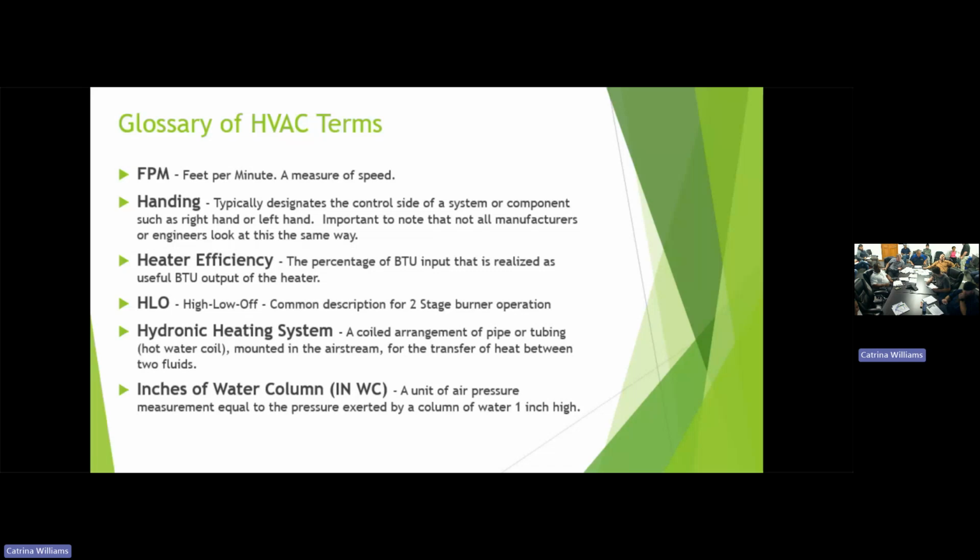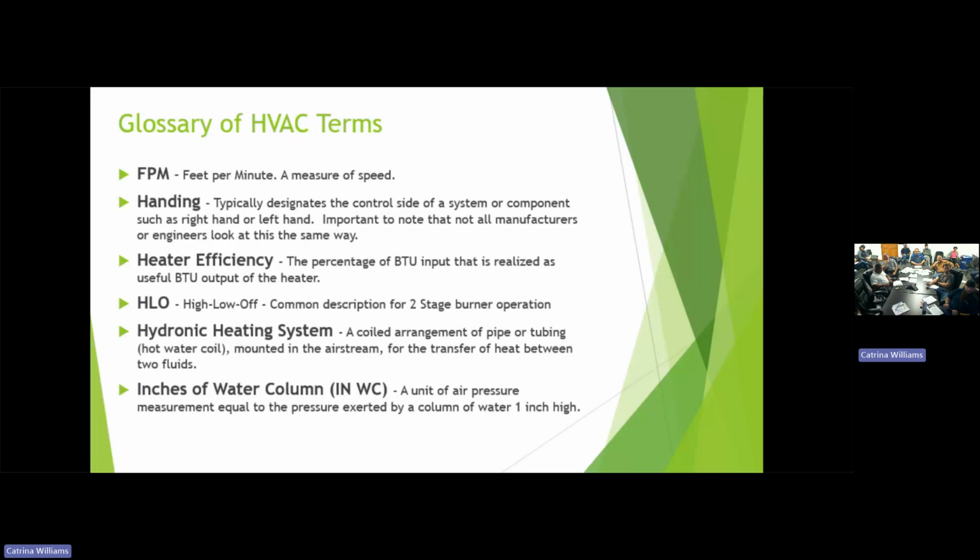Don't confuse them. All right, so now after that, we get into heater efficiency. If we have a heater on there, the heater efficiency is the percentage of BTU input that's realized as useful BTU output of the heater. As I said, on the direct fire, all of the heat goes into the building.